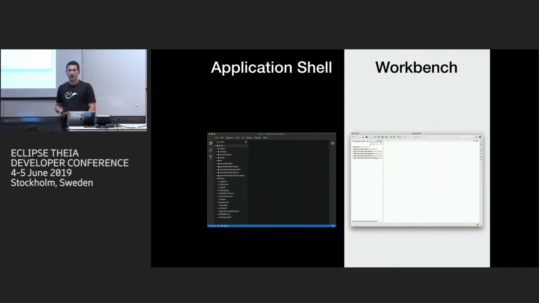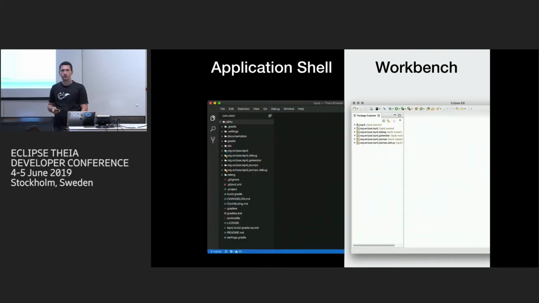As Anton already mentioned, we have this application shell, like the first and outer concept of the front end, and the workbench in Eclipse IDE is the counterpart, so to speak. We can have layouts of widgets, and we can use drag and drop to arrange our layouts.